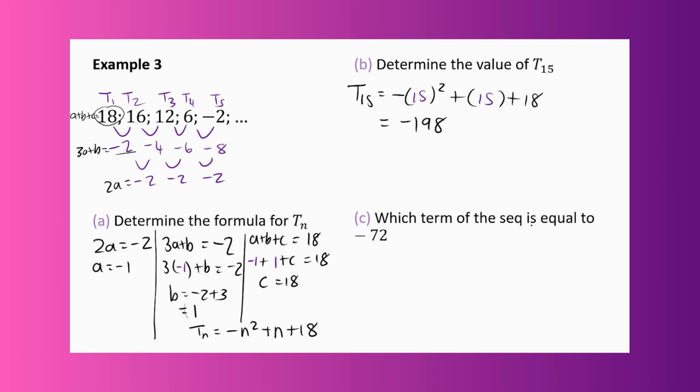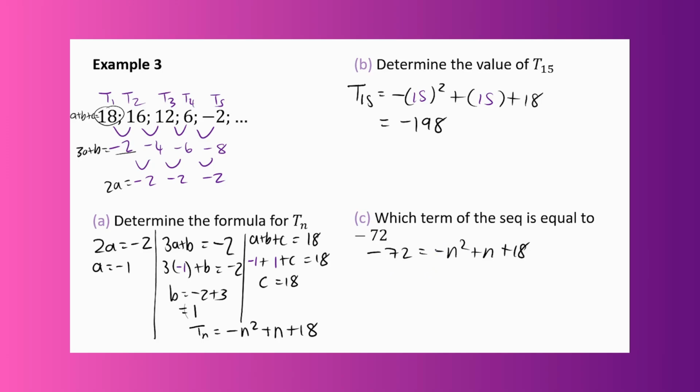And then which term in the sequence is equal to negative 72? So negative 72 is the answer, the Tn. So you say negative 72 is equal to negative n squared plus n plus 18. Now you're going to have to solve for n here and it's quadratic. So factorization or the quadratic formula, whatever.